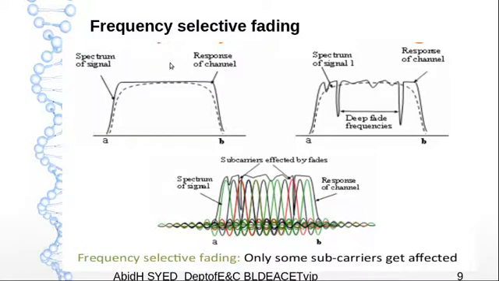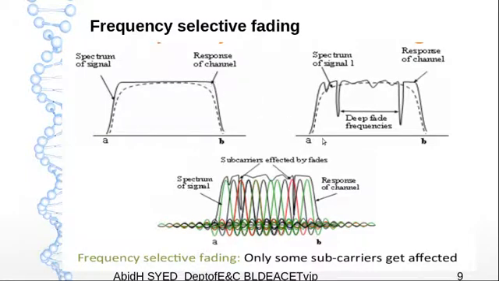This is the entire spectrum which the signal occupies. This continuous line curve defines the spectrum of the signal, and this dashed curve defines the response of the channel. As we can see, both are approximately the same.